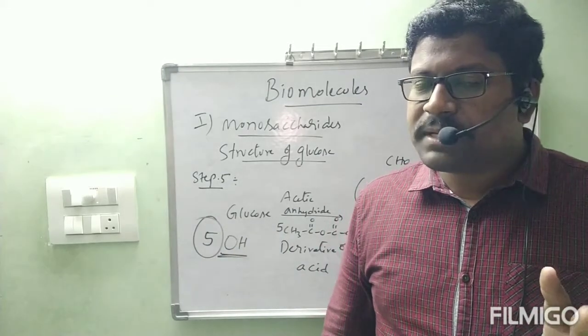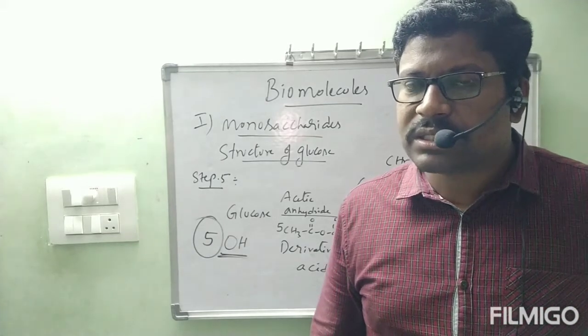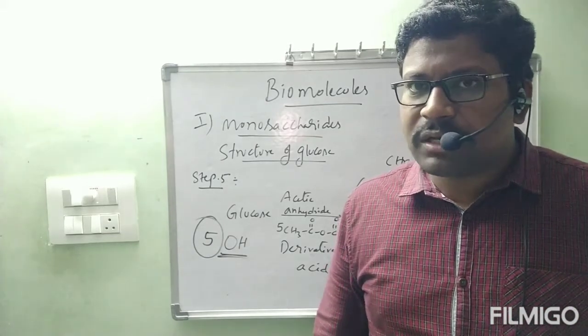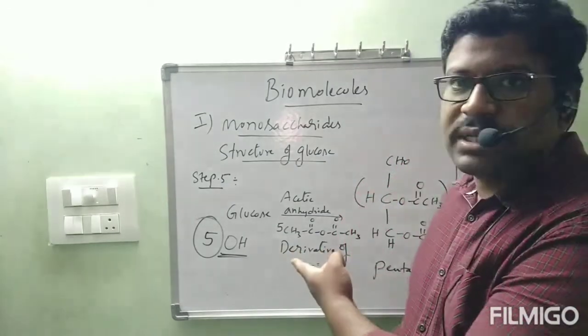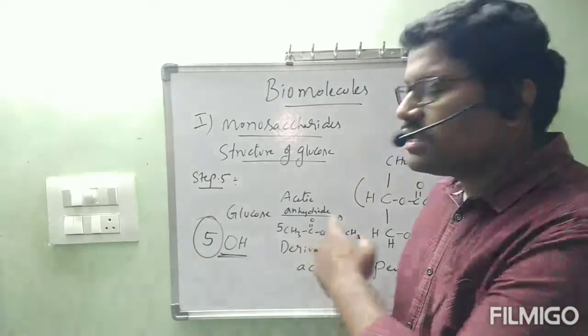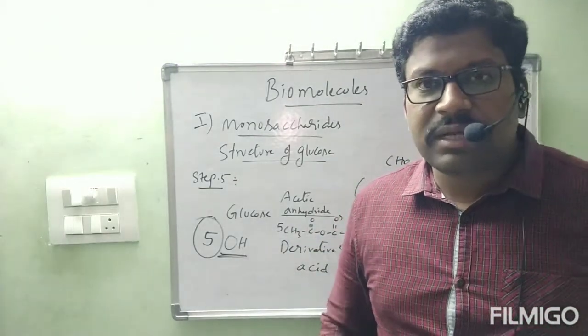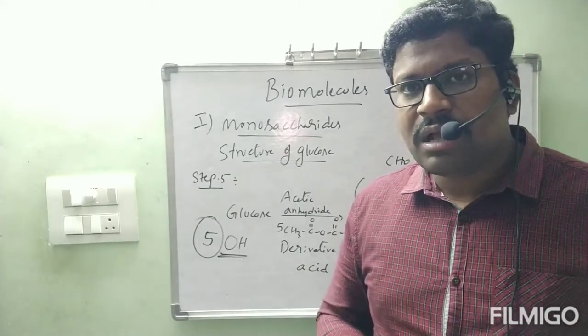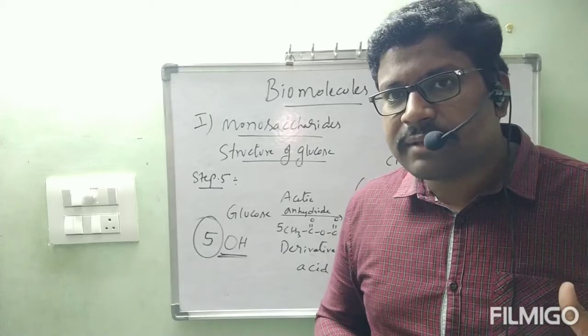If two OH groups are present on the same carbon atom, that molecule is not stable. Water will be lost. It will not maintain the same molecular formula. But glucose is stable. We got the conclusion by using step 5 that 5 OH groups are present on glucose. Is it correct, ma'am? Then how can we estimate? All the 5 OH groups must be present on different carbon atoms.